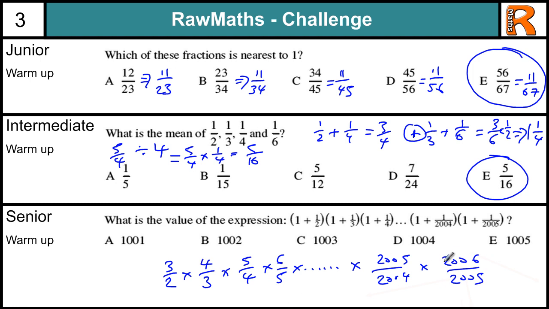Now when we're multiplying fractions, we can cancel diagonally, so the 2005 is going to go, the 2004 is going to go with this 2004, this 6 is going to go with that 6, 5s, 4s, 3s, and all we're left with on the top is 2006, and on the bottom 2. And 2006 divided by 2 is 1003.